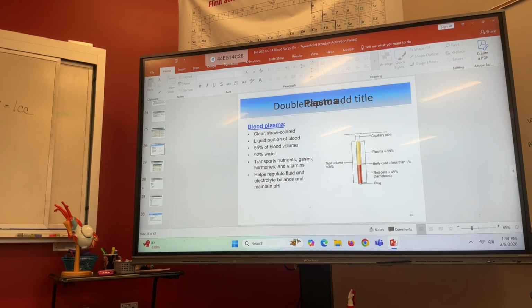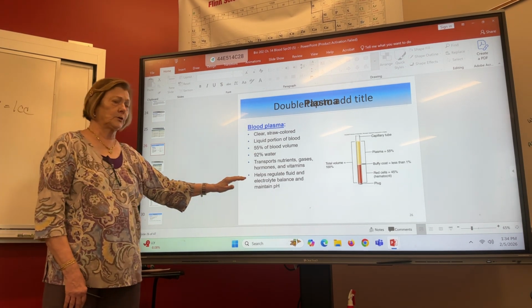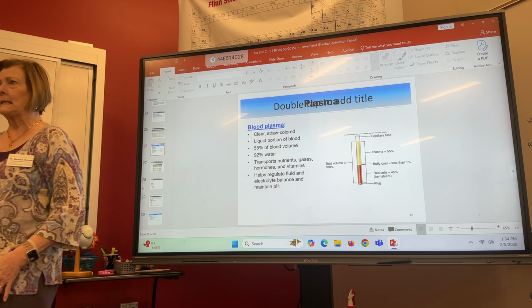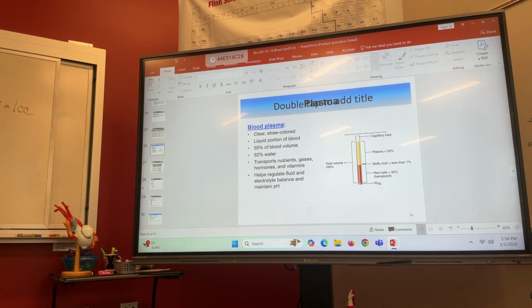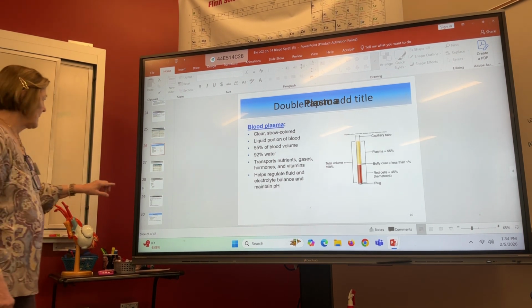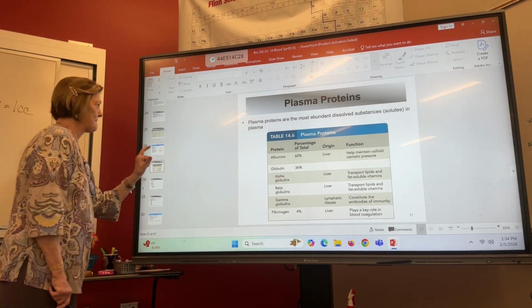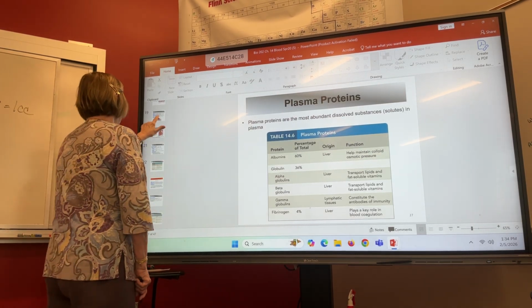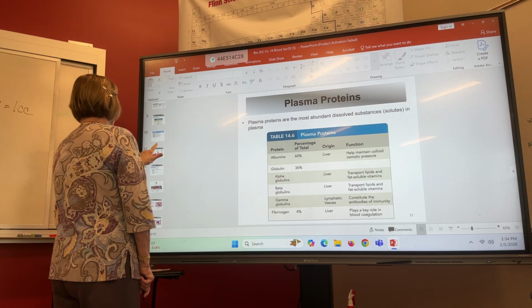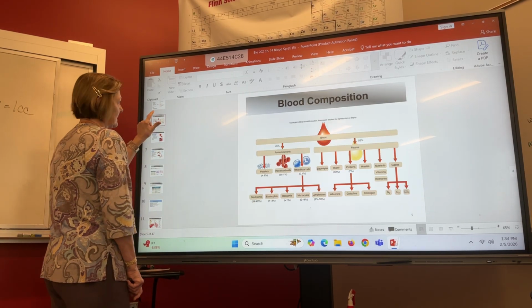One of the primary functions of plasma is to regulate fluid and electrolyte balance, as well as maintaining pH.